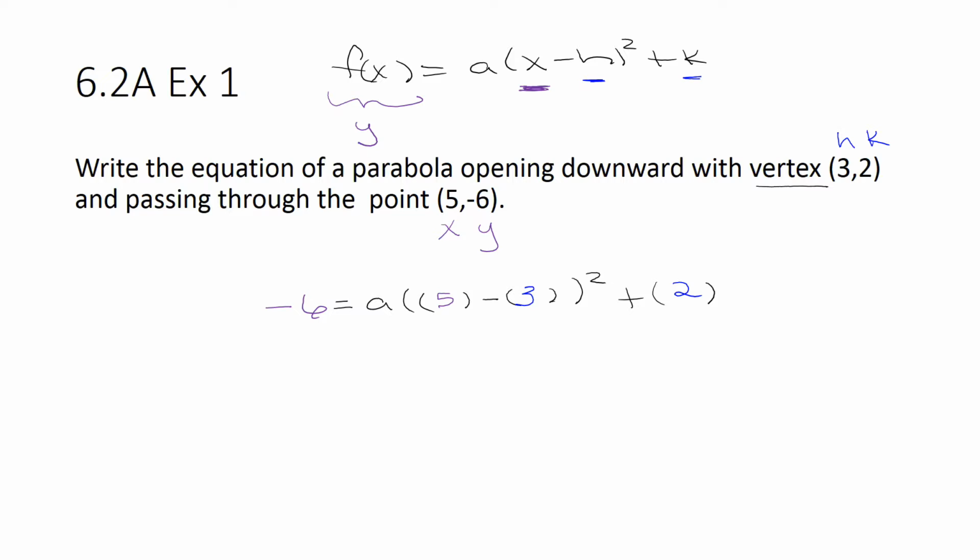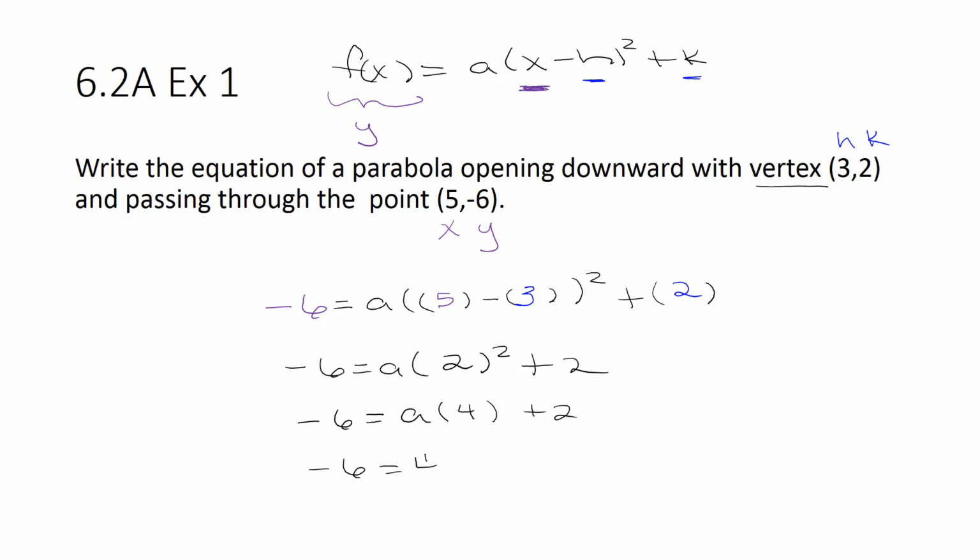Okay, so all you're going to do is simplify from here. So we have negative 6 is equal to a times, there's no double negative within this parentheses, so we have 5 minus 3 is 2, quantity squared, plus 2. So then we're just going to keep simplifying through here. A times 2 squared is 4, plus 2.